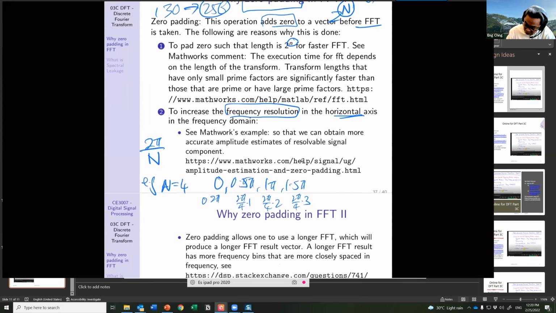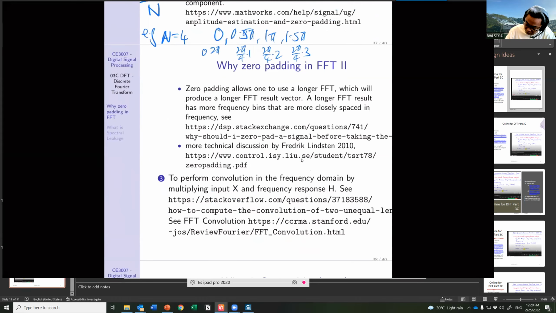Okay. Then the last one is, as we have already shown you, if you don't zero pad, you have a circular convolution problem. We must zero pad so that we can multiply the x and the h in the frequency domain correctly.